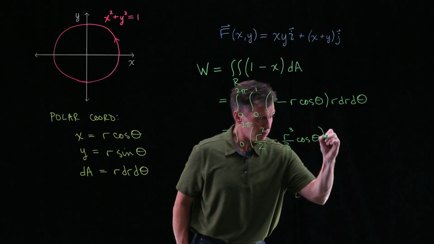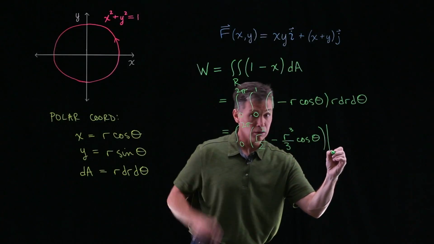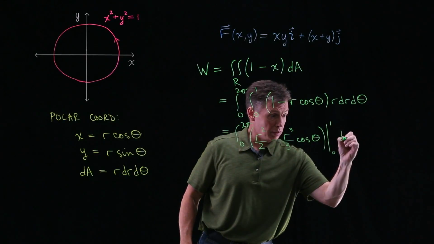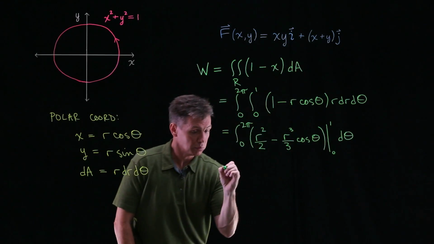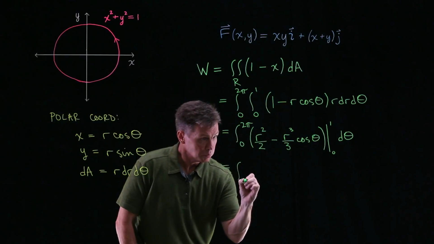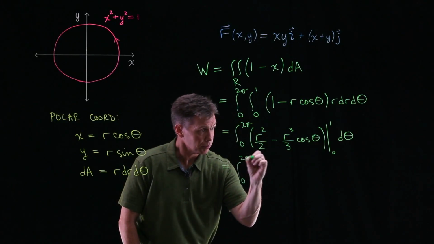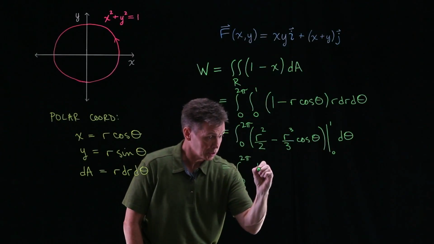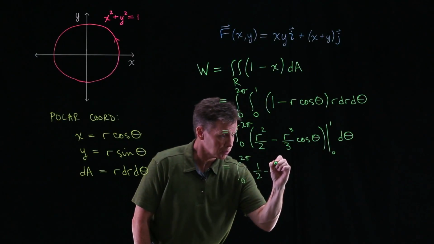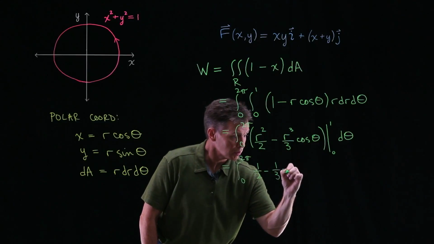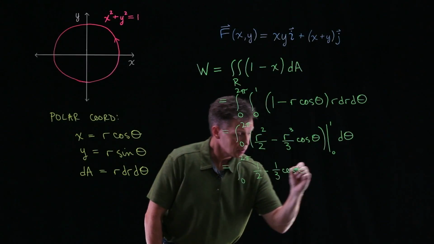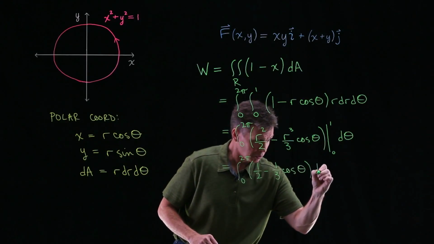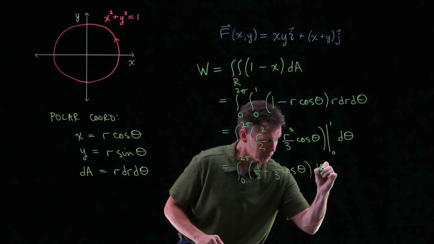And I have to evaluate all of that as r goes from 0 to 1, and then there's still going to be that d theta. So this equals 0 to 2 pi still. Gotta love zeros and ones, right? For r, if I plug that in here, I'm just going to get a 1/2 minus a 1/3 cosine of theta. Plug in a 0, that's all going to blank out. So our integral is looking pretty manageable, I think.